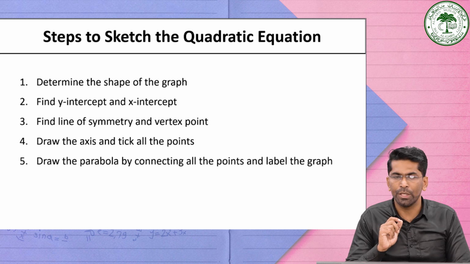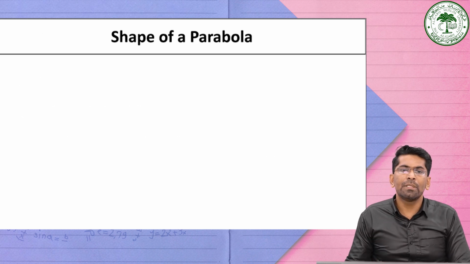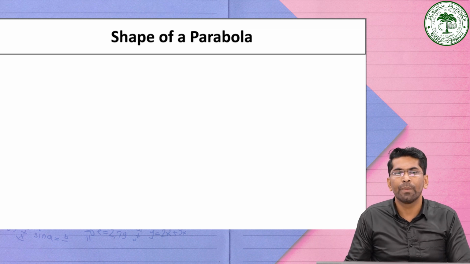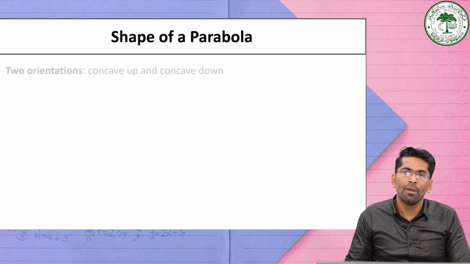The first step is that we have to decide the shape of a parabola. A parabola has two orientations, which may be concave up and concave down.